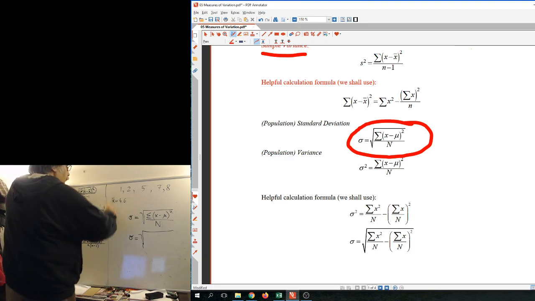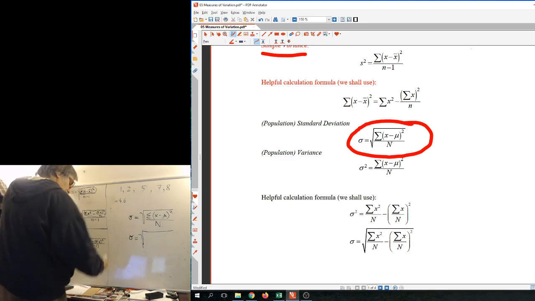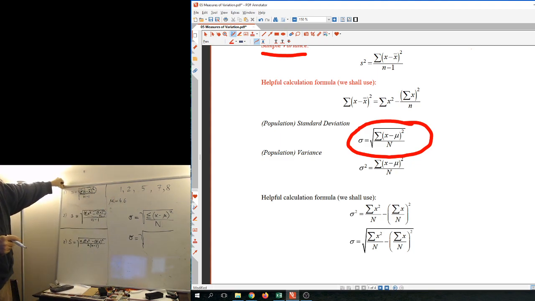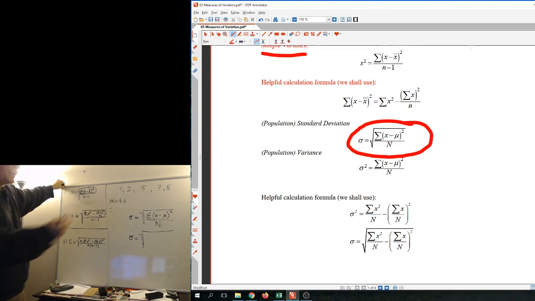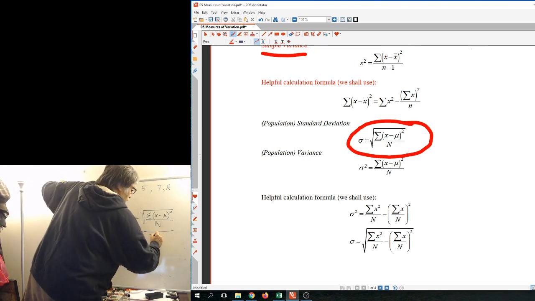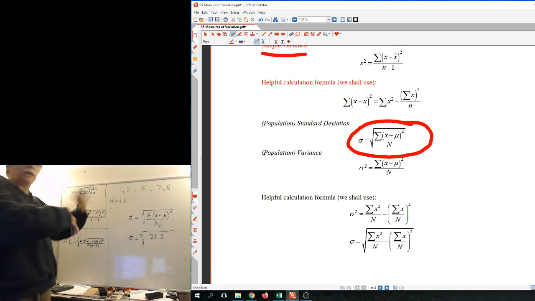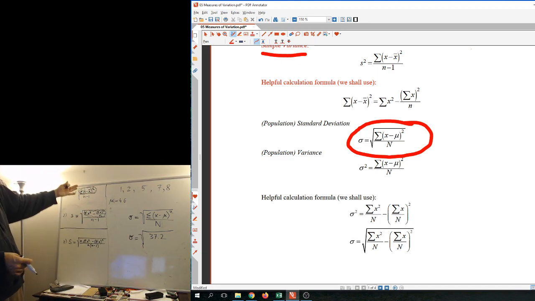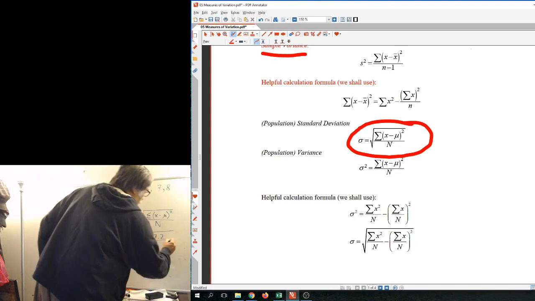I just changed the label of the average. The population mean is labeled with Greek mu. But I still get 37.2. So I'm not going to write the whole table. I know already this is going to be 37.2, just like here. The only difference is now I'm going to divide with 5.